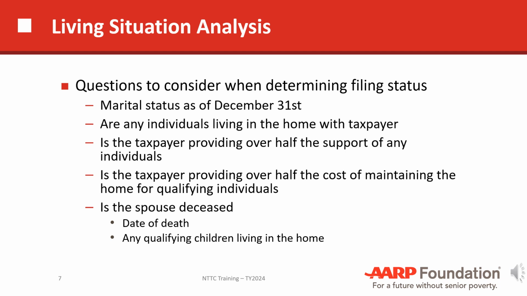Is the taxpayer providing over half the support of any individuals living in the home? Is the taxpayer providing over half the cost of maintaining the home for any qualified individuals that may live in the home, which would qualify them for the head of household filing status? Is the spouse deceased? What's the date of death? Any qualifying children living in the home?